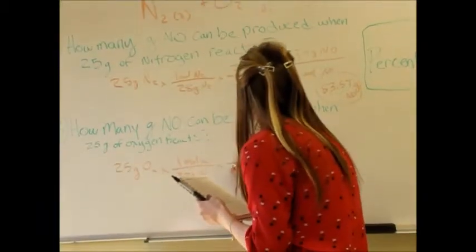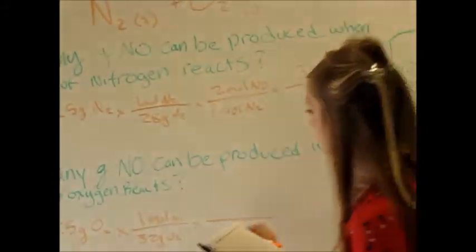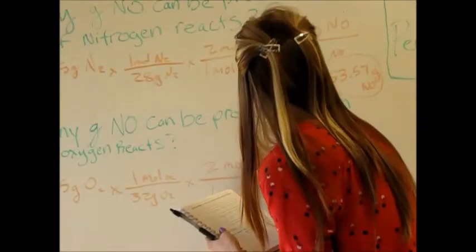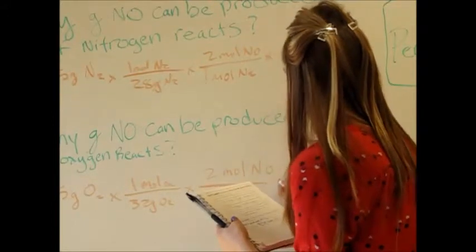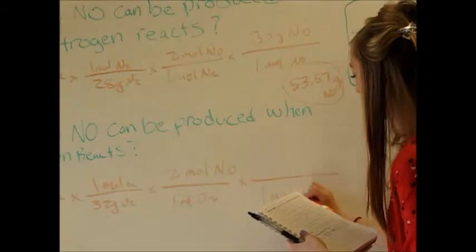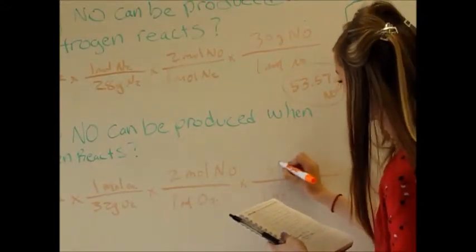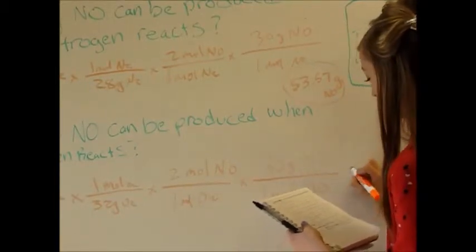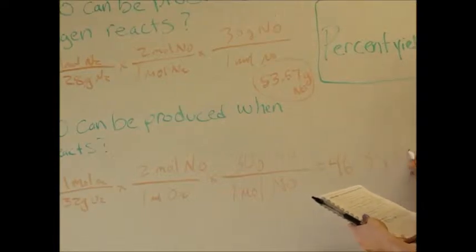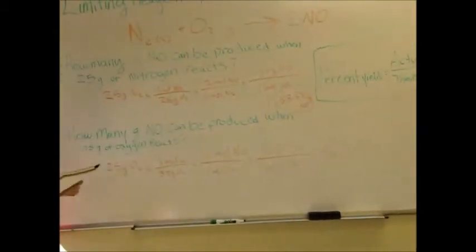Then do our mole-to-mole ratio, which is the same here, 1 of O2 for every 2 NO. And then we're going to find how many grams of NO we have by finding how many grams are in 1 mole of NO, which is 30. And we're going to get 46.8 grams of NO.